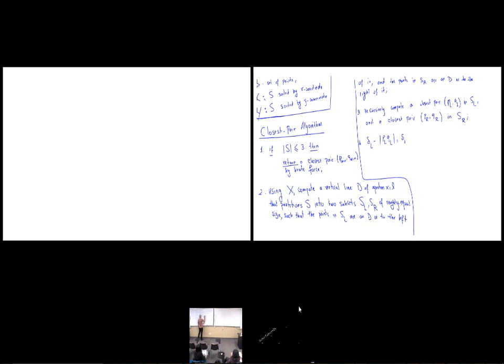You compute delta R, which is the Euclidean distance between PR and QR. And knowing delta L and delta R, you can compute the minimum of the two, delta.